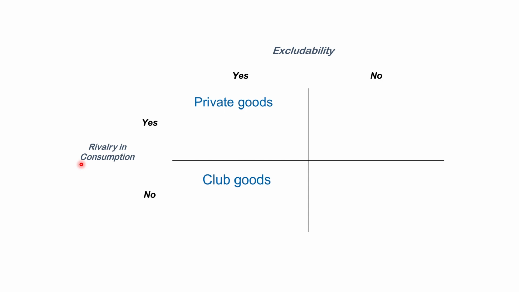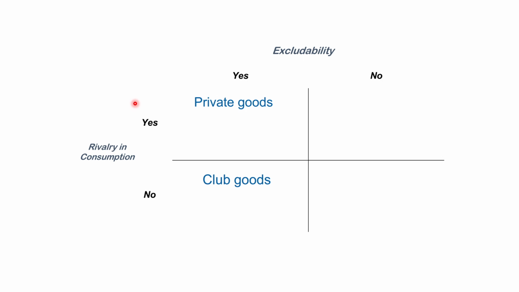Me watching a movie 100 times is not going to diminish somebody else's quality. Okay, now these goods, things that are excludable, usually are market goods, and we don't have much market failure with these simply because they are excludable, so the private market will supply them. The problem comes when it becomes non-excludable.